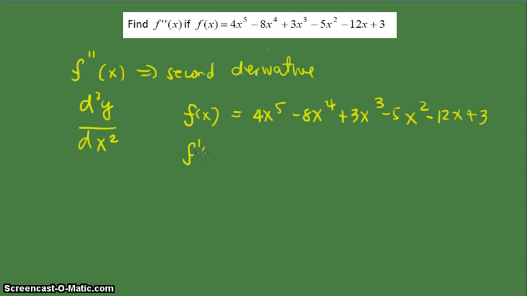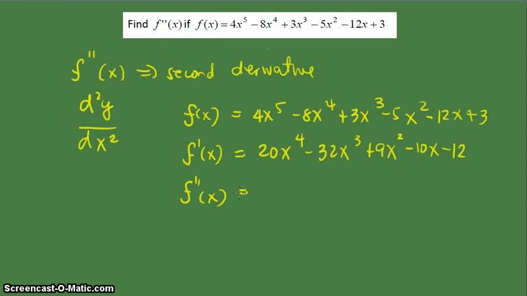So we have to get the first derivative before we can go to the second derivative. So this is 20x to the 4 minus 32x cubed plus 9x squared minus 10x minus 12. Then after that, you can now get the second derivative. So the same procedure. So this will be 80x cubed minus 96x squared plus 18x minus 10.